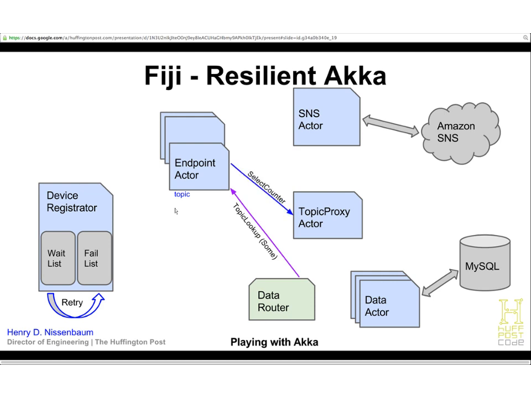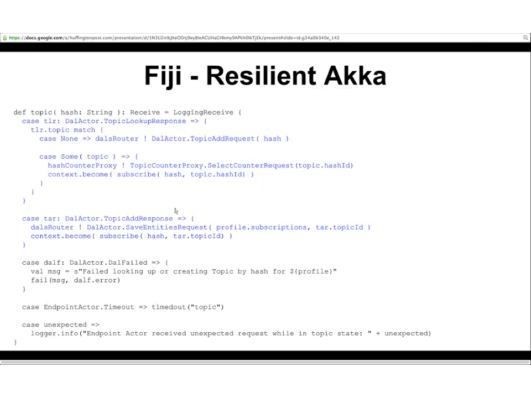We have to hit the topic proxy actor, whose purpose I will not go into detail on, and it goes through a whole bunch of activities in dealing with the database and the SNS actor as well. But what I wanted to do is just show you we've got these 2 relatively complicated cases going on, but really very little code.